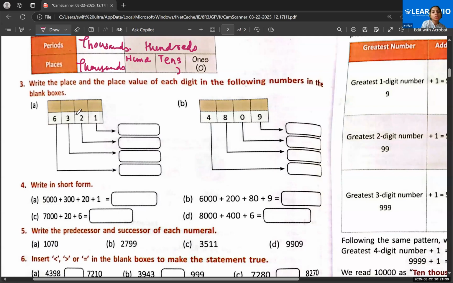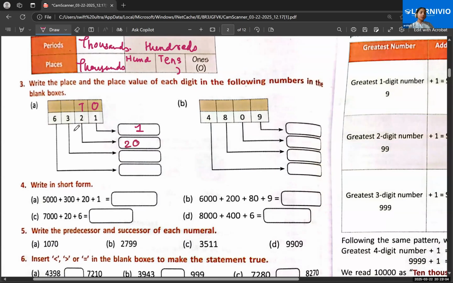Now they have given two boxes. One is above the number and one is here. So what is the place value of 1? Ones. So I'll write O in the box that is above, and here I'll just write 1. What is the place value of 2 here? It's tens. So I'll write 20 here.